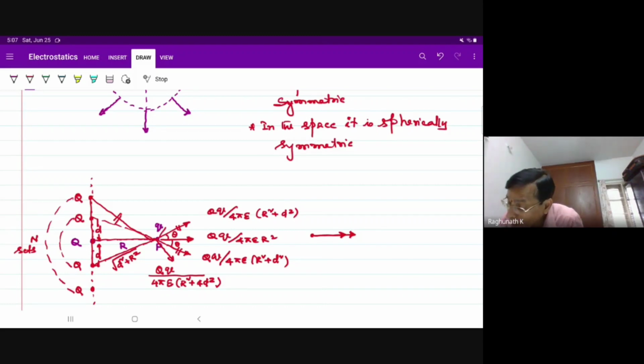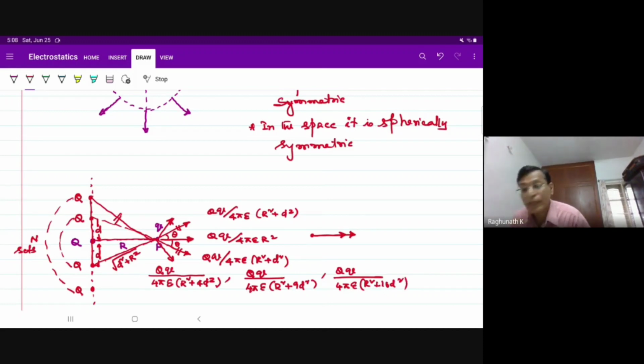This also has the same direction, same magnitude because of the charge below. Because of the third set of charges, it will be capital Q small q divided by 4 pi epsilon, R square plus 9D squared. Because of the next set of charges, it will be capital Q small q divided by 4 pi epsilon into R square plus 16D squared. You agree this? Please think about it now. Check whether it is clear or not.